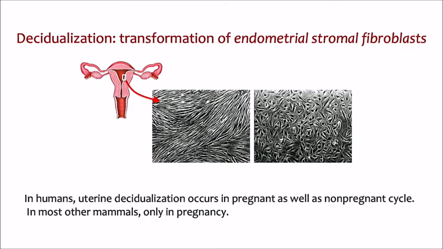These are fibroblasts, and here they look transformed, much more almost like epithelial cells. They are the ones that form the interface between the uterus and the placenta during pregnancy in most mammals. In humans, they actually transform themselves even in a non-pregnant cycle. So that will become important.